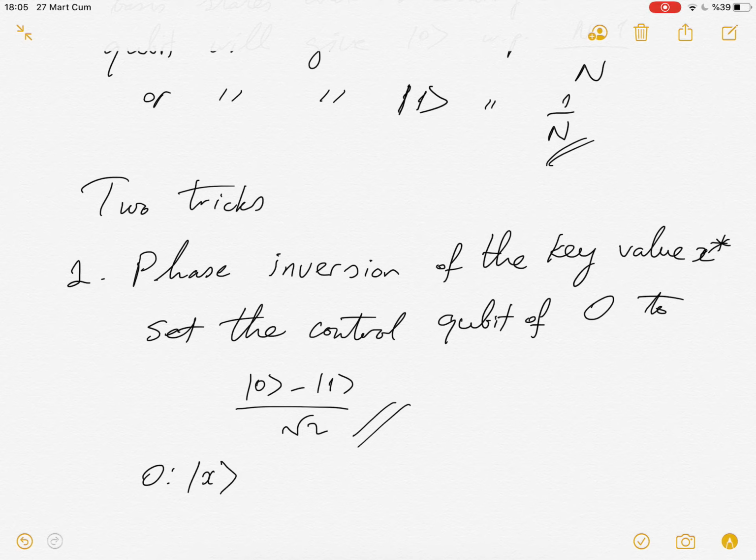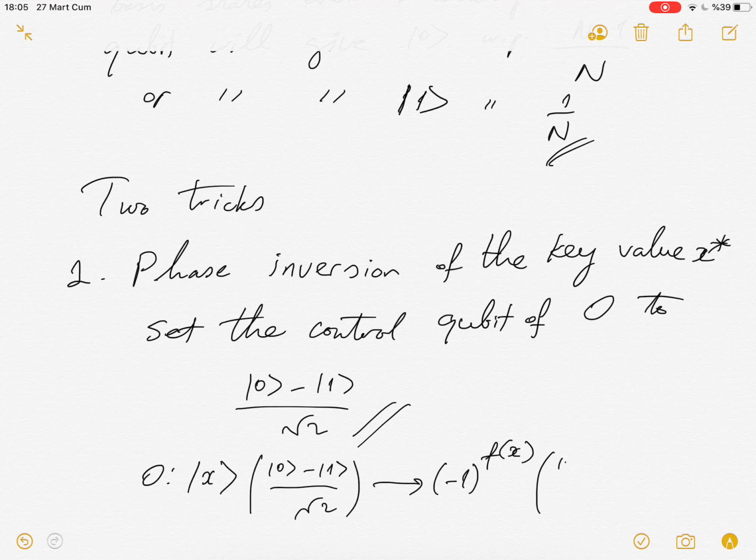So if we have ket x in the first input, and ket 0 minus ket 1 divided by square root 2 in the second input, then it will map to minus 1 to the power f of x, ket x, tensor ket 0 minus ket 1 divided by square root 2.